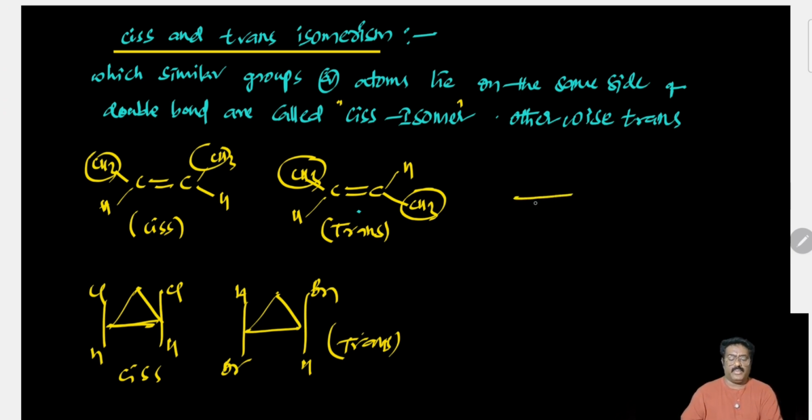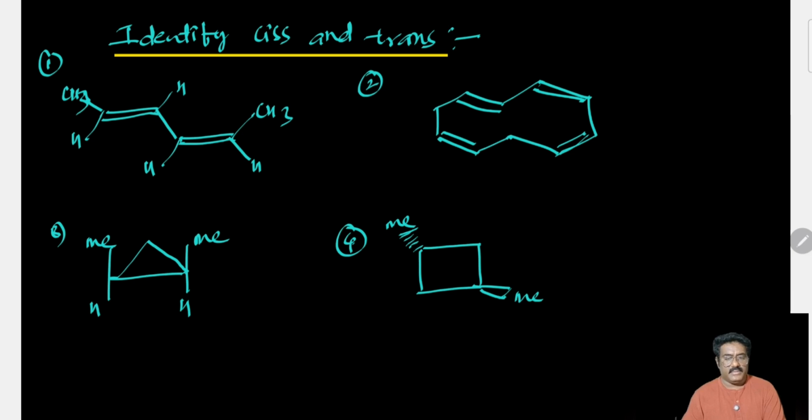Carbon double bonded with carbon having the same type of group on the same side is cis. Opposite side, what is it? Trans. This is a pattern. Identify cis and trans. Carbon double bonded with carbon, with the same type of groups arranged on the same side, that is a cis. Different types, hydrogen and hydrogen on opposite sides, show trans.